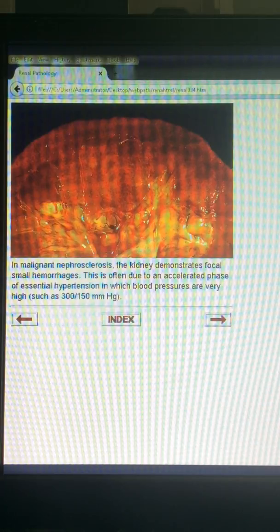That's why it's also called malignant nephrosclerosis. So under the microscope, what's added is fibrinoid necrosis. This is the blood vessel wall, and it all goes into lysis or fibrinoid necrosis, seen in malignant hypertension.